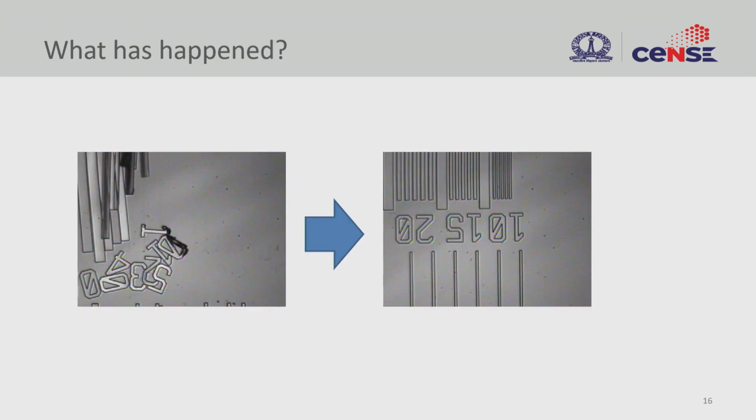So here there is a microscope image of a pattern defined on a substrate. On the left side you see the patterns are all grouped up. They are not in space, all jumbled on top of each other, but on the right side you see a very nice pattern. Wherever you want the feature, it is sitting there.